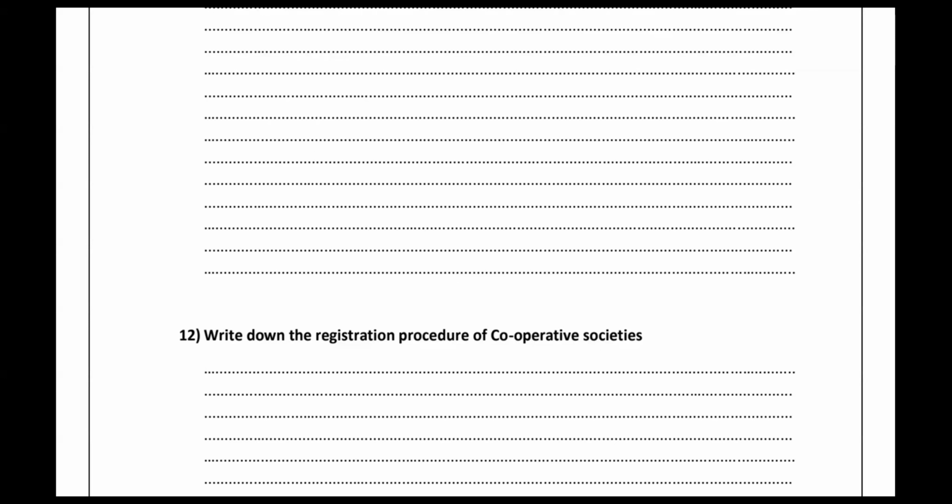The next one is the control of the Commissioner of Cooperative Development. You can say it's a statutory controlling. Statutory controlling is legal controlling, done by the cooperative law. I told you what the cooperative law is. Cooperative Societies Act number 5 of 1972.